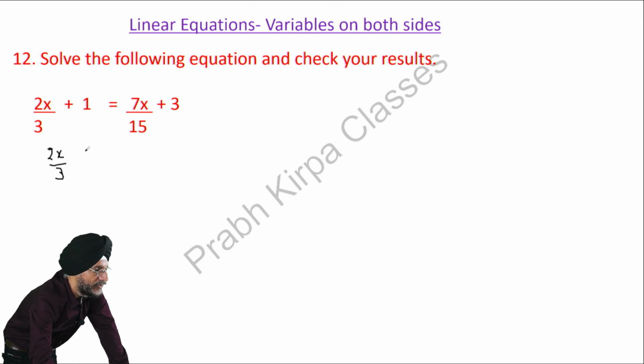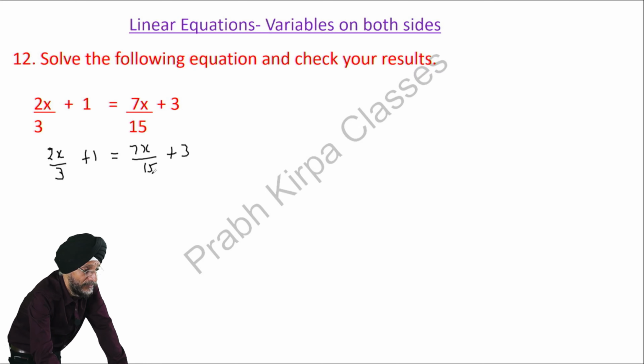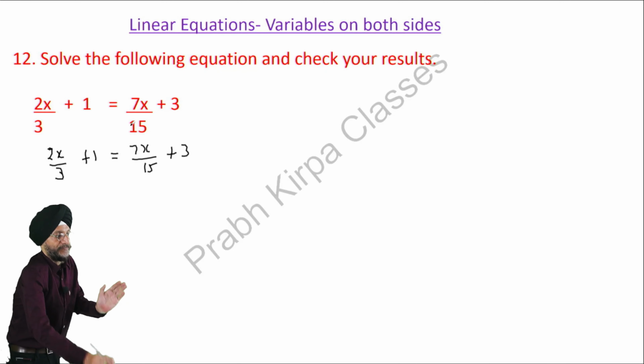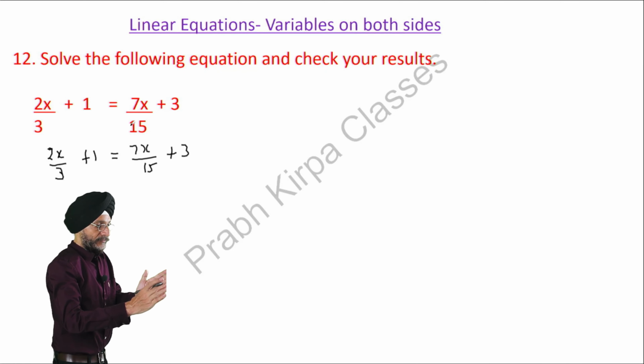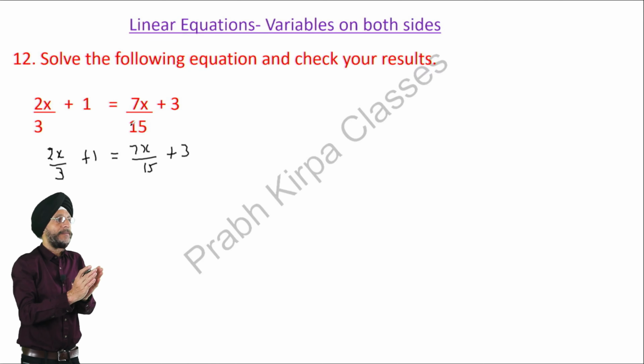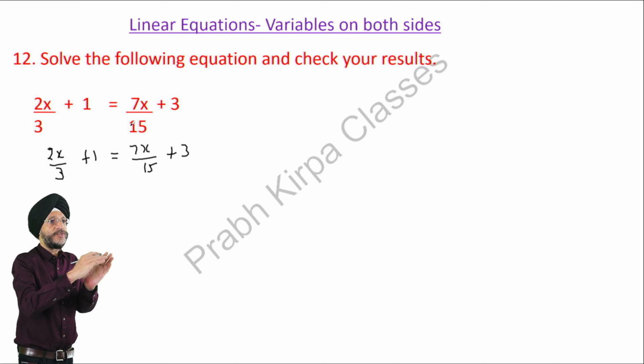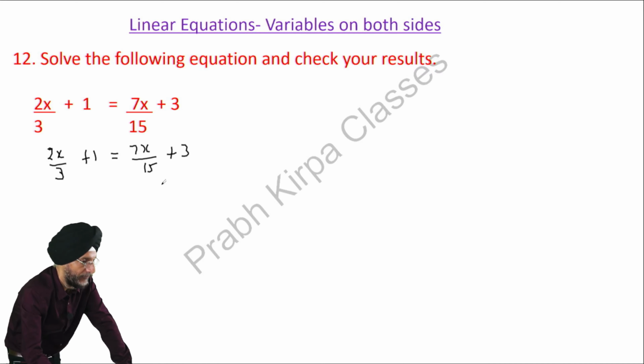2x over 3 plus 1 is equal to 7x over 15 plus 3. Then what will we do? We will take the terms having the variable on one side, and the numbers which do not have a variable on the other side.